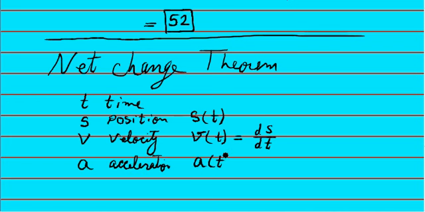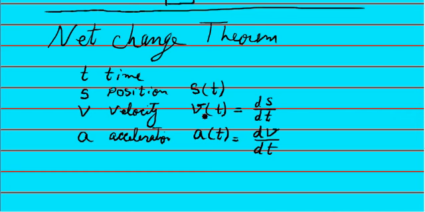A is a function of time. That's a derivative of velocity with respect to time. So each of these come from its parent. V comes from S, A comes from V. What if we want to go backward?